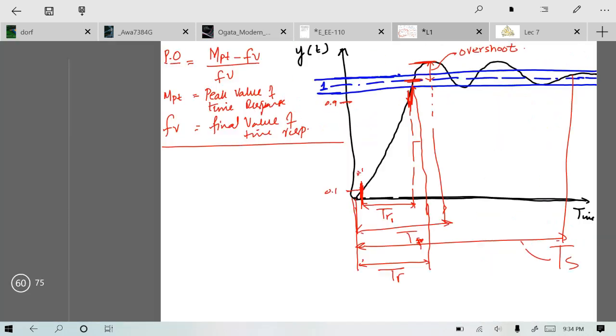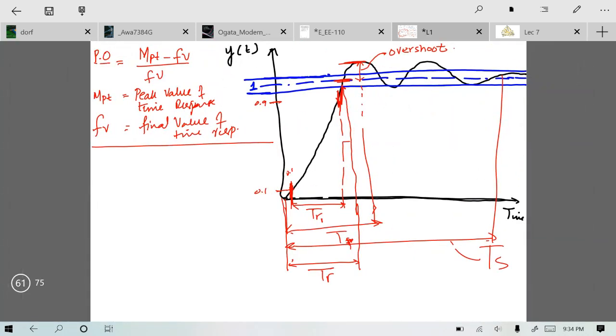Let's plug out this term. For 2%, it means e raised to the power minus zeta omega n t, at the settling time, should be less than 0.02. If someone considers the response within 2% of the final value, you write 0.02 here.